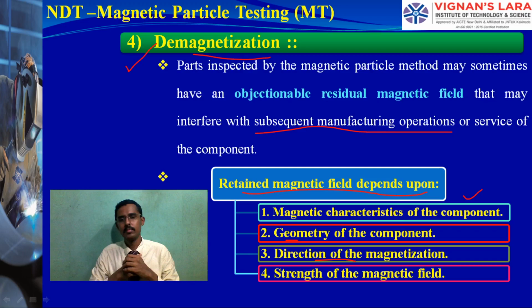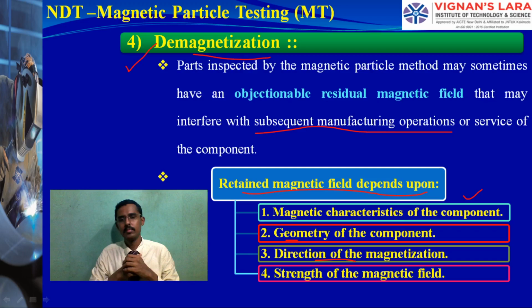We have done that now, so for this also there are types. It affects the machining. If it is magnetized and not demagnetized, what will it do? For example, it affects the machining process. The cutting tools may stick to the component.